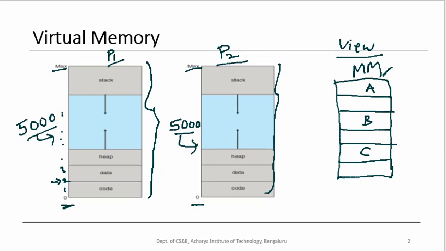So the view that the programmer or user is getting is not the actual view of the main memory. You can call this virtual memory or the logical address space of the process. We will understand this in detail as we go further.